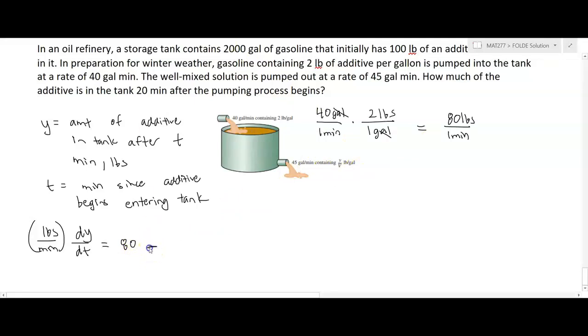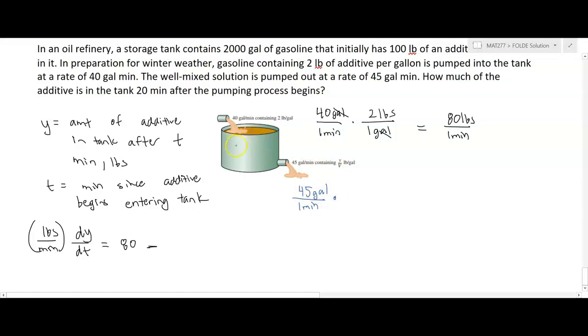Now I'll have a minus term here because I also have my outflow. And on my outflow side, I actually have to think about the fact that I have 45 gallons per 1 minute coming out, multiplied by how much is inside of that tank.